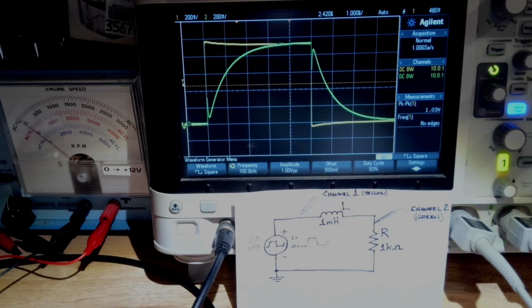And if we did some mathematics, if we took 1 millihenry, that's 1,000th of a henry, and we divided it by 1,000 ohms, we would get 1 microsecond.